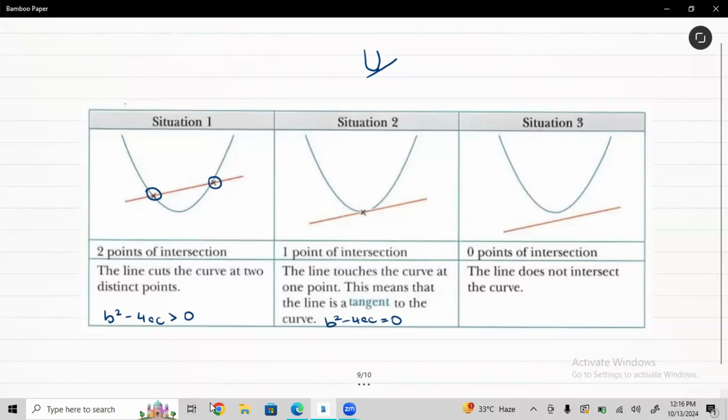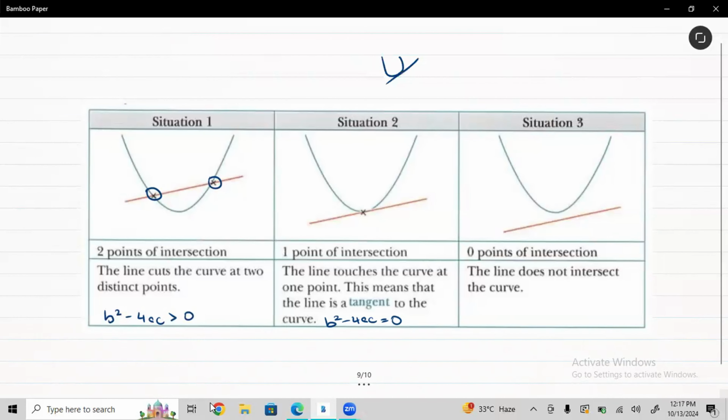We are not going to go into detail about that, but basically we know what a tangent is. A tangent is a line which only touches 1 point of the curve. I know it's not exact here. So it's only going to touch 1 point of the curve, and that's a tangent. So again, we can say that when our discriminant equals 0, we have a tangent to our curve.